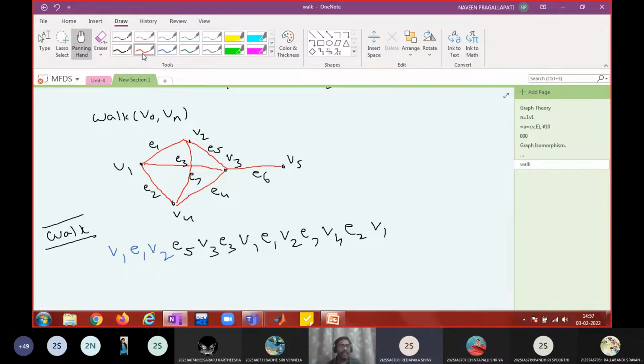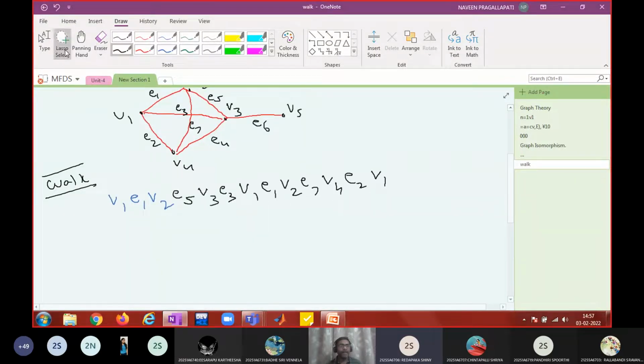If I write only the earlier part, that is also a walk. So there can be several walks from one vertex to another, and several closed walks from one vertex to itself. Is that clear?